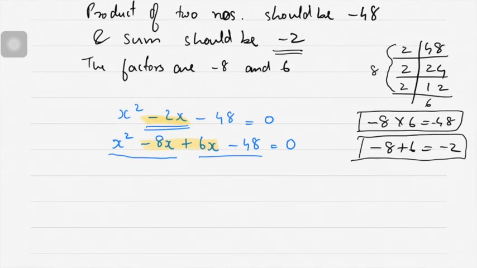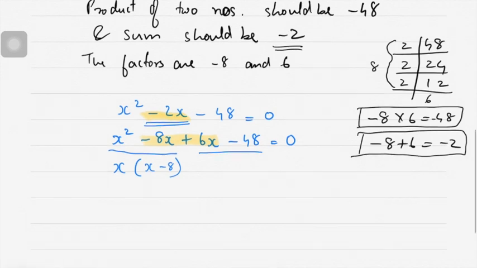Now I will take this together and this together. Whatever is common, I'll take it out. Between the first part, x is common, so I'll take x out, so x minus 8. In the second part, 6 is common, correct?